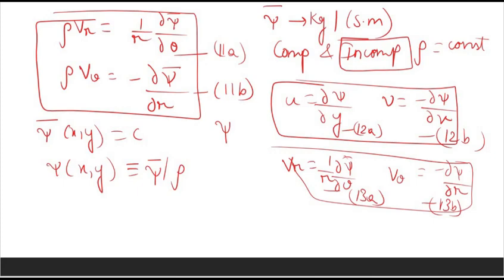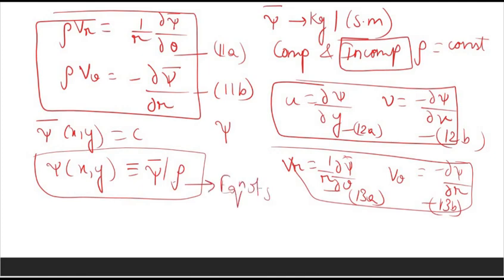Yes, we can write psi in this form, correct? So this is also the equation of a streamline, the equation of streamline for incompressible flow.